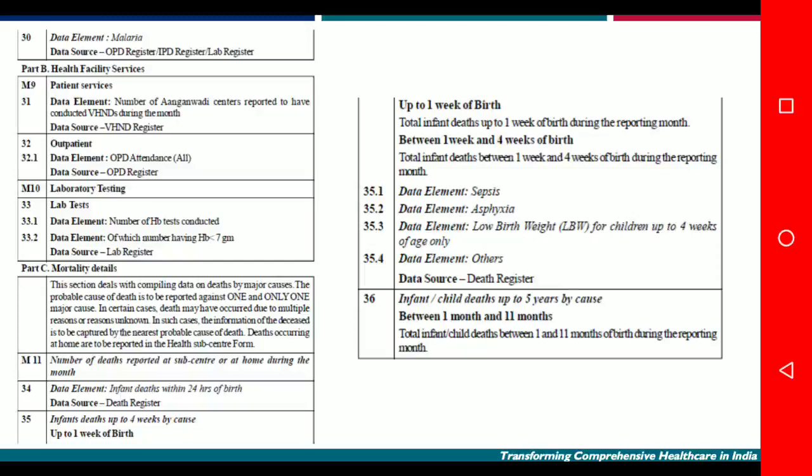Next is infant and child death up to 5 years by cause. For infants aged 1 month to 11 months, the total infant or child deaths between 1 and 11 months of birth during the reporting month. Those are the data elements taken under the mortality details. Here we are done with the three parts of the data elements.